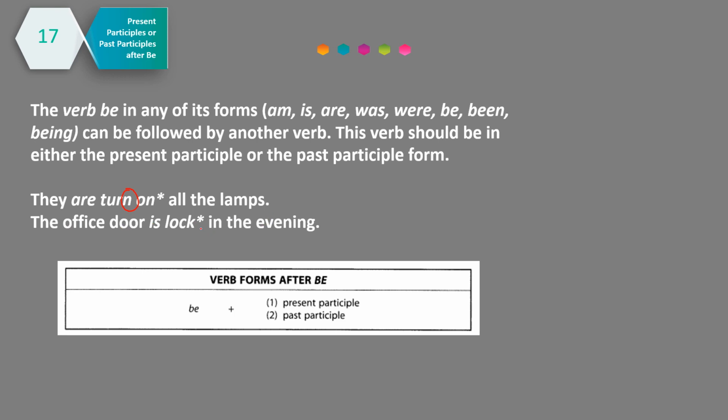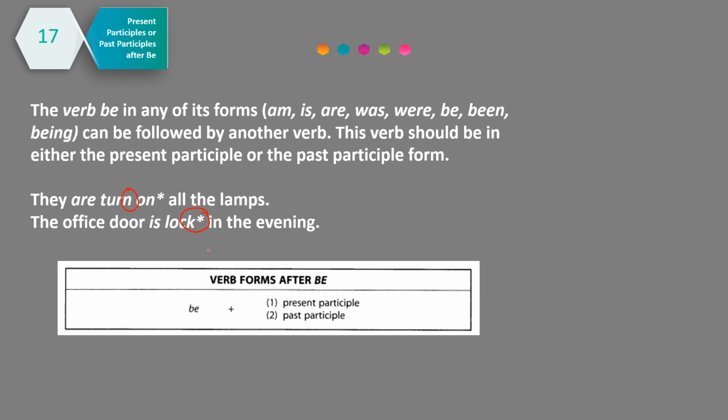Based on the meaning, the office door is locked by someone. So this is in the form of passive voice. So after be, we must have past participle or verb 3. So the meaning is a passive meaning. The office door is locked in the evening.